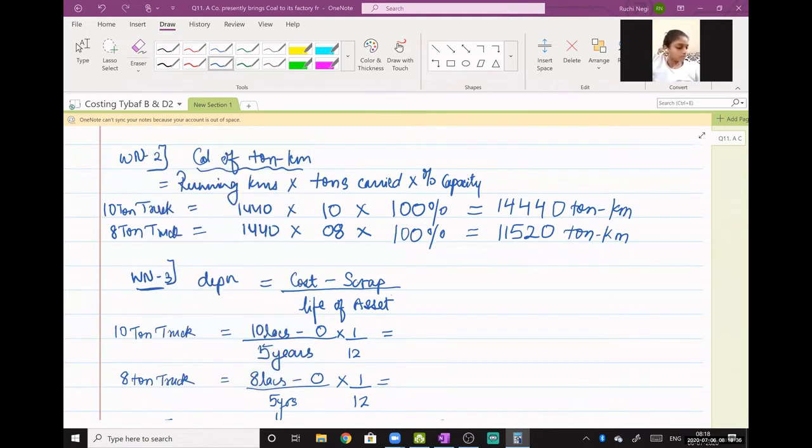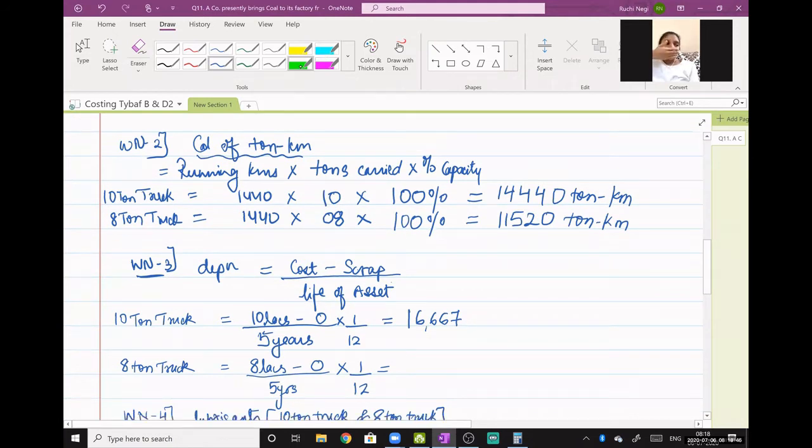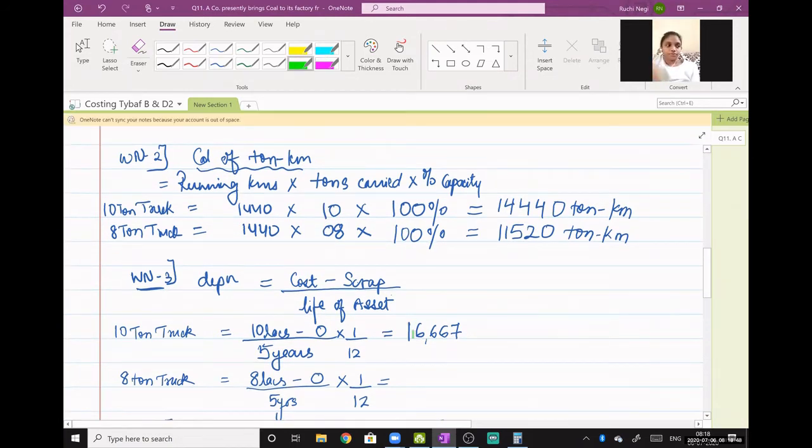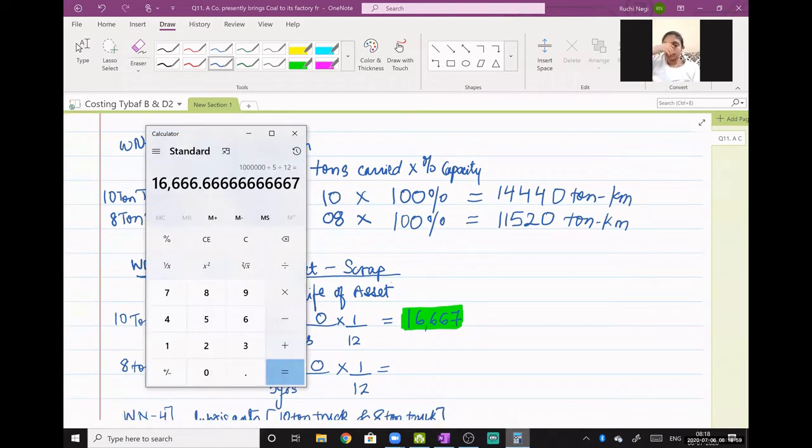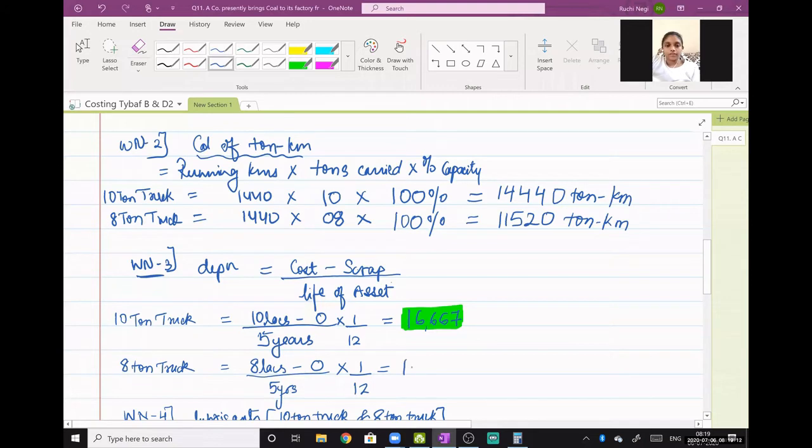Rounded off, 16,667. In this question, depreciation is a fixed cost. Next, 8 lakhs divided by 5 and divided by 12 as well: 13,333.333.